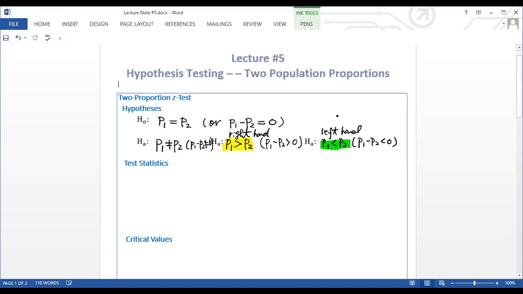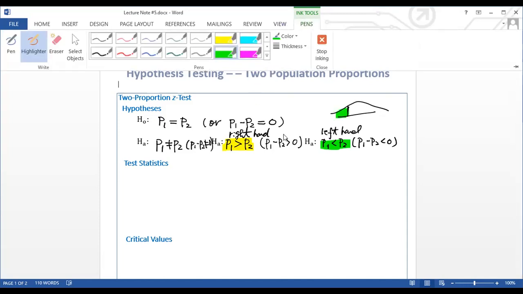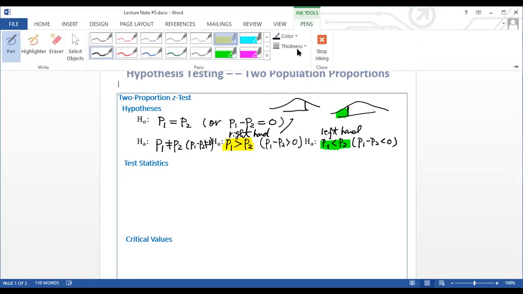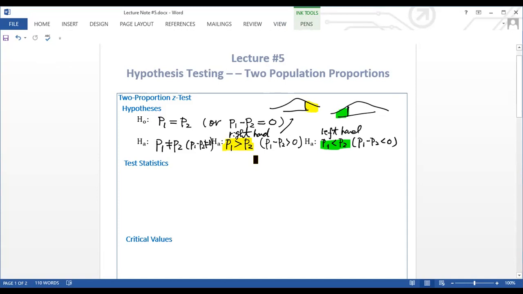It's just like we said: you're looking for your critical values on this side for one side, and on the other side for the other one-sided test. For the two-sided test, you are looking at both ends.